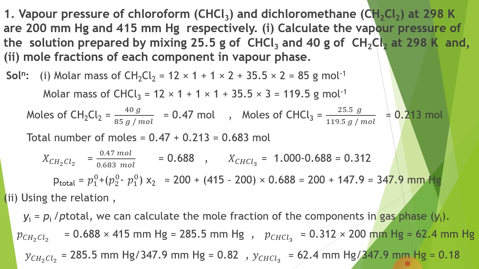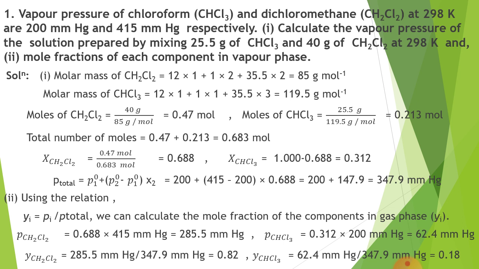Now we have to calculate the mole fraction. X CH2Cl2 equal to mole of dichloromethane divided by total number of mole. This will give 0.688.